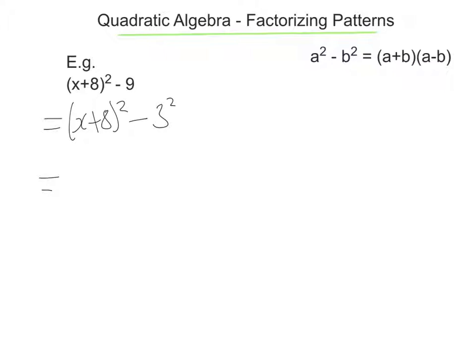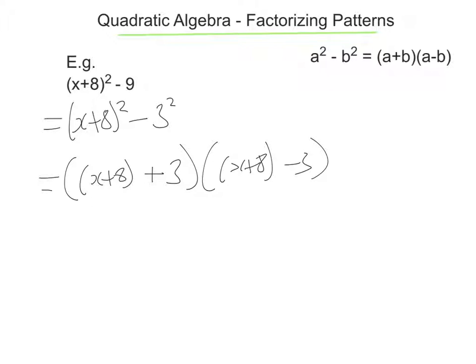So when I write it out, I need to put A plus B, so I'm going to put x plus 8, because that's A, and then I'm going to put plus B, which is the 3, and A minus B, so I need x plus 8 minus 3. So let's have a look at that again just to be sure.